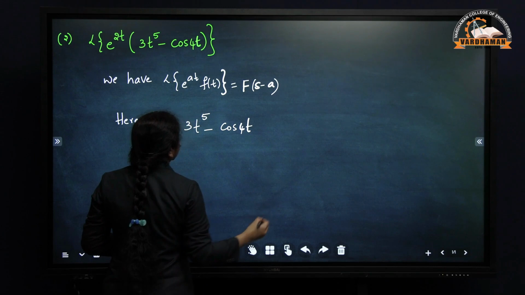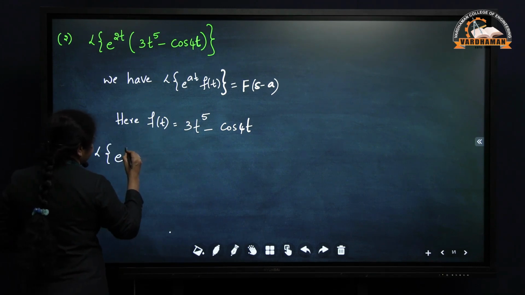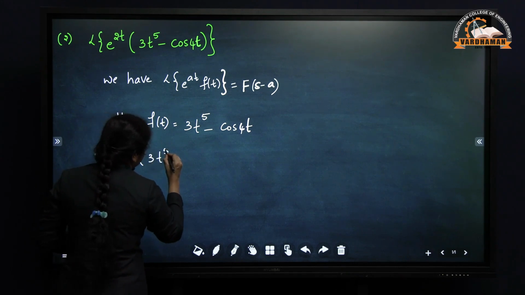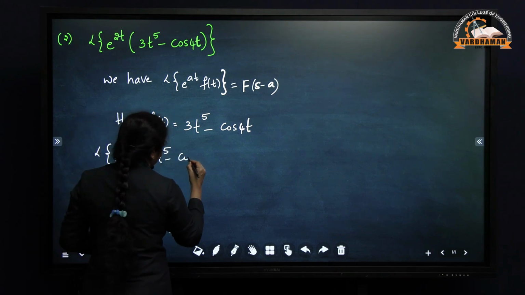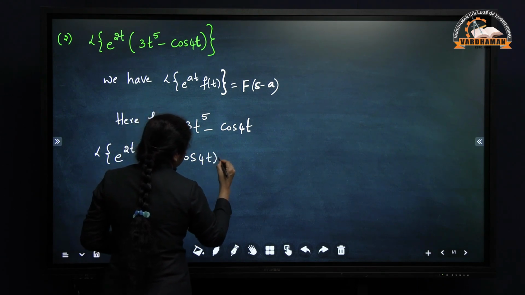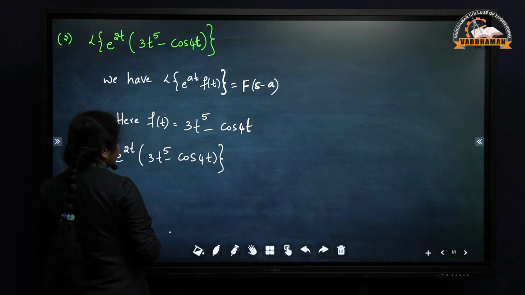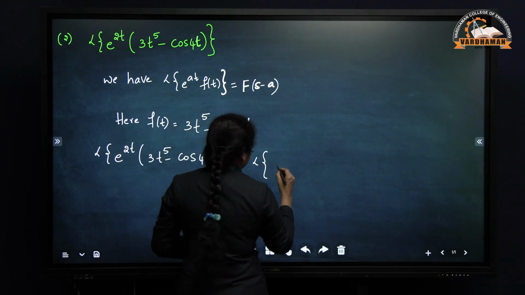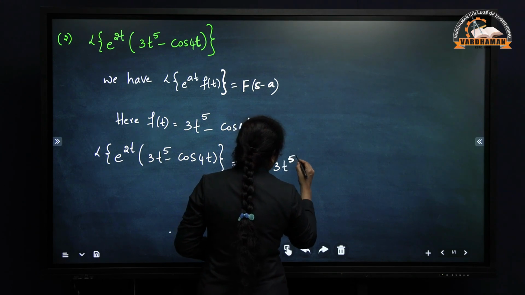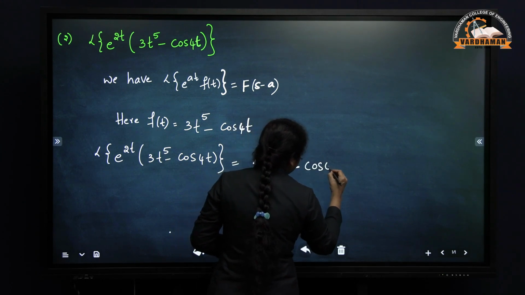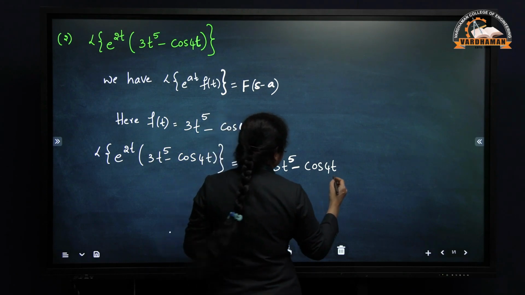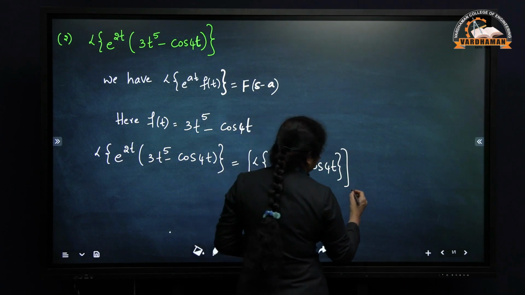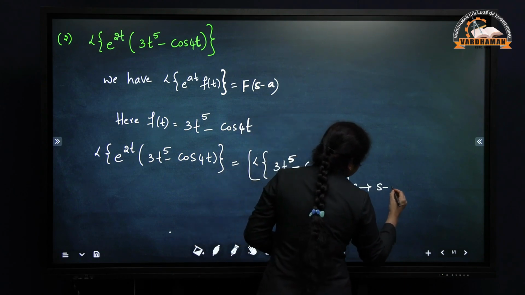So now to evaluate Laplace transform of e power 2t into 3t power 5 minus cos 4t, first I need to find the Laplace transform of this function f of t, where f of t is nothing but 3t power 5 minus cos 4t, and here in this result we need to change s by s minus 2.